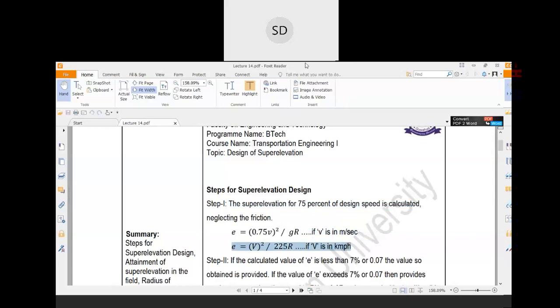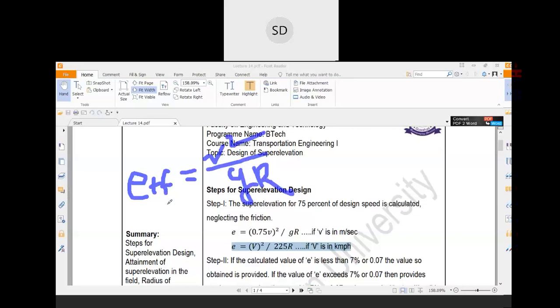Okay, so your first thing is, the previous equation was E plus F equal to V square by GR. That was our initial equation.